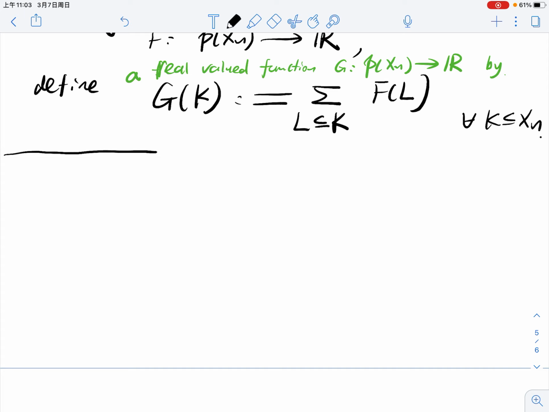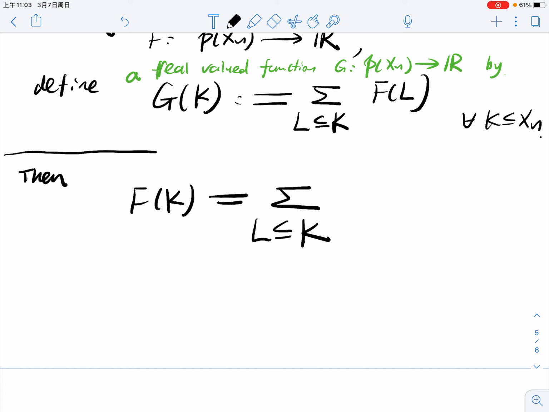Okay, then the most important thing is that F(K) is the summation for all subsets L of K of (-1) to the cardinality of K minus cardinality of L, times G(L), for all K in Xn.